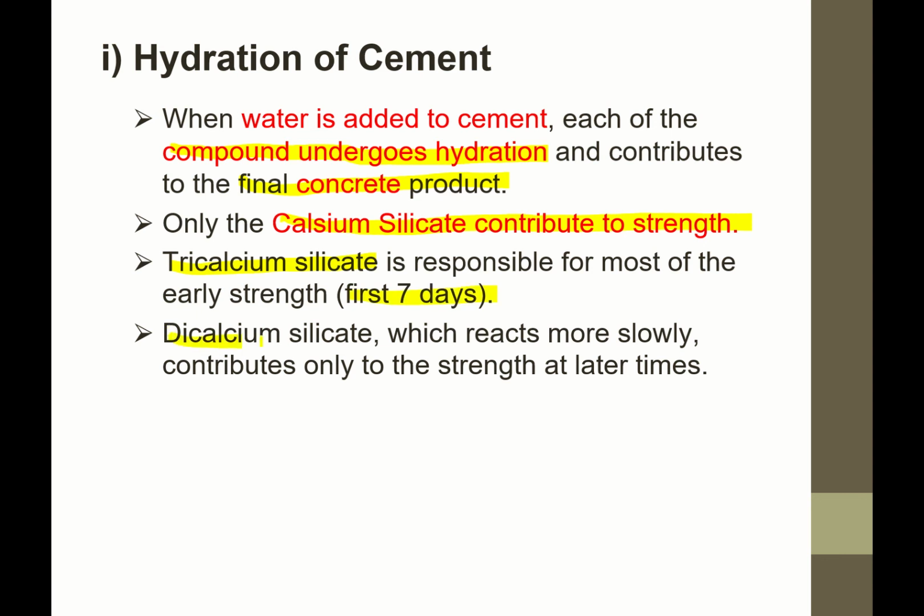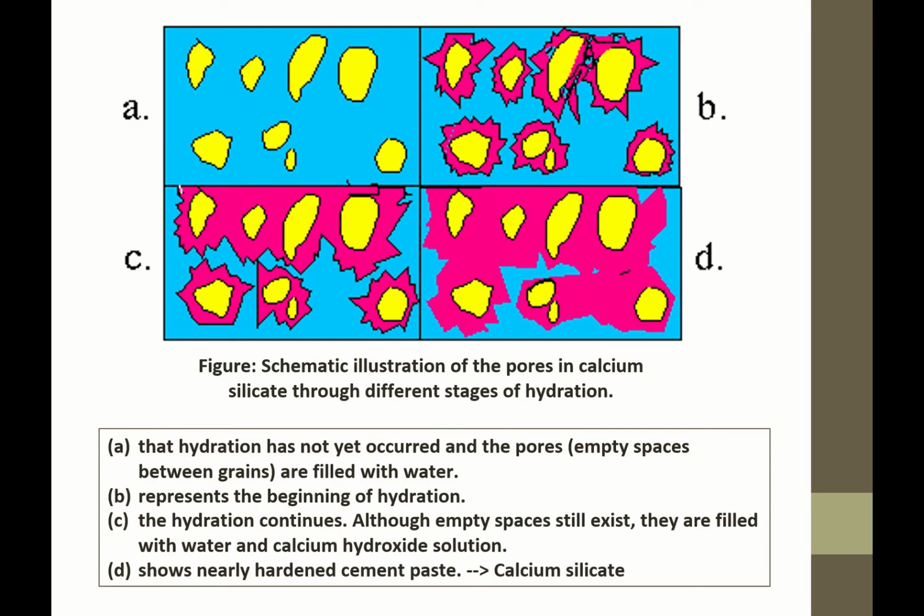Dicalcium silicate, which reacts more slowly, contributes only to the strength at later times. As you can see, calcium silicate is one component in cement, tricalcium silicate is another, and dicalcium silicate is another chemical component. Each of the different chemical compounds contributes to the strength of concrete.